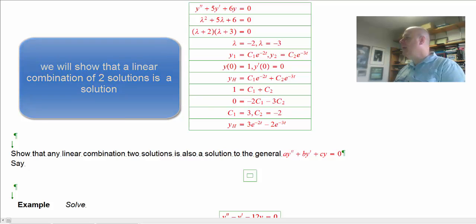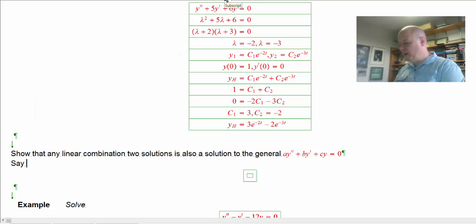So say, now I'm going to write y1 and y2, but they're just any general solutions. So they say these two equations solve my a y prime prime. So in other words, if I sub y1 in the left side, I get 0. If I sub y2 in the left side, I get 0.